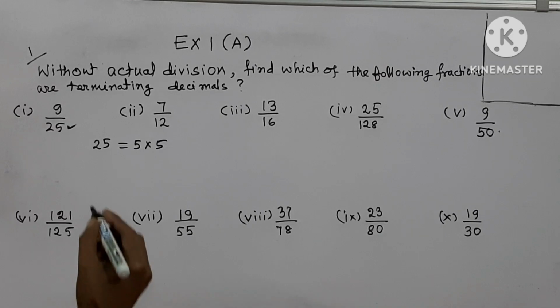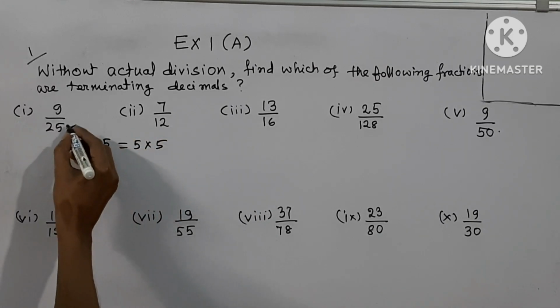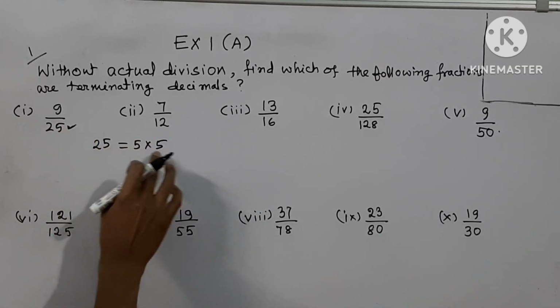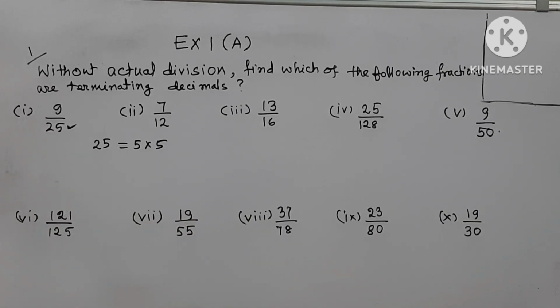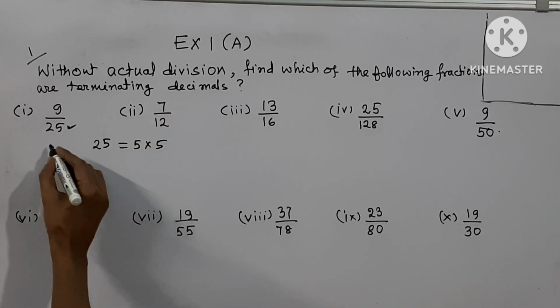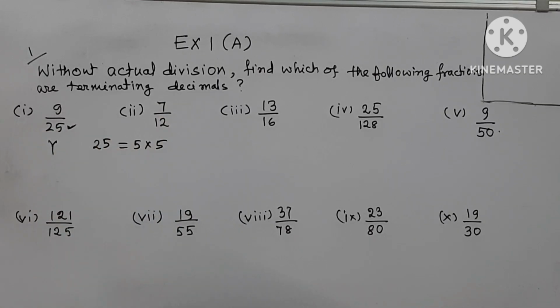And in this case, if the factors of the denominator are 5 only, then it is definitely a terminating decimal number. So it is yes.